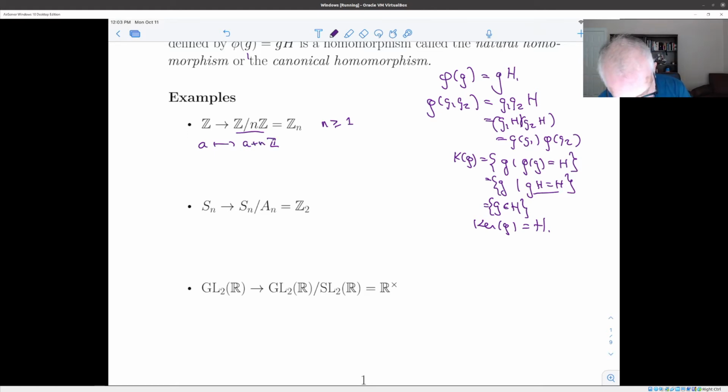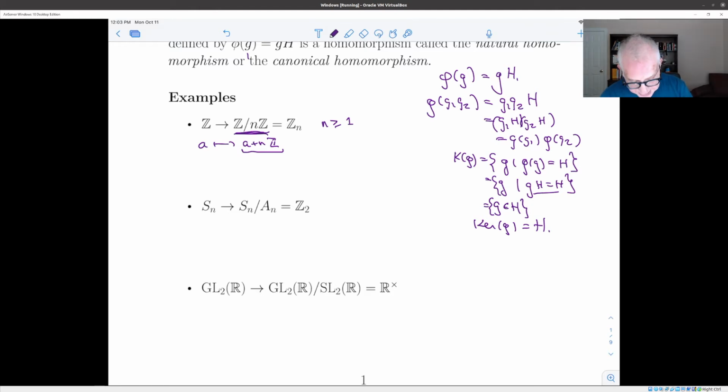And we've seen that the cosets a plus nZ are the congruence classes mod n. So the canonical homomorphism from Z to Z mod nZ is the map which takes an integer and reduces it mod n. It assigns to it the coset a plus nZ. And that map is onto Z mod nZ.